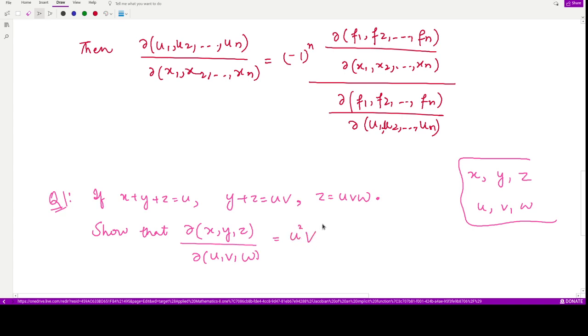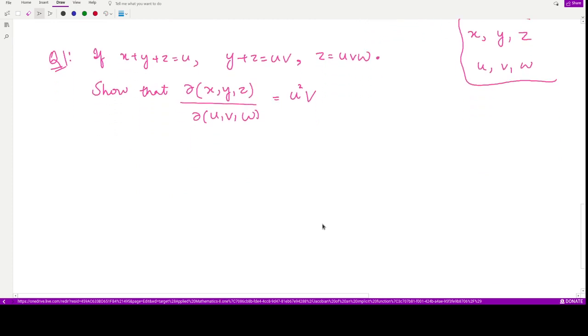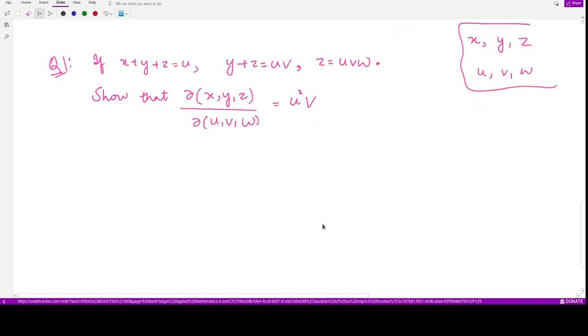Now you cannot directly and easily say which among these are dependent or independent. For the solution, we are to compute the Jacobian of x, y, z with respect to u, v, w.